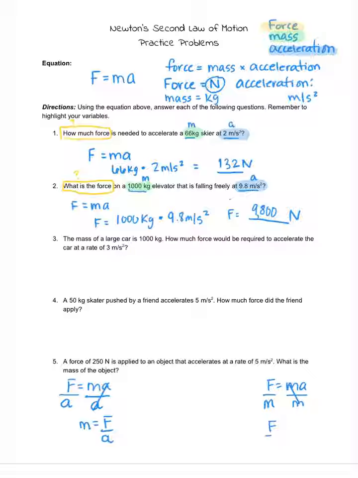So our new equation is F divided by M equals A. So if you're trying to find acceleration, then you can just divide force by mass. So I'm going to write that up here in our equation section, just in case you need those for later.